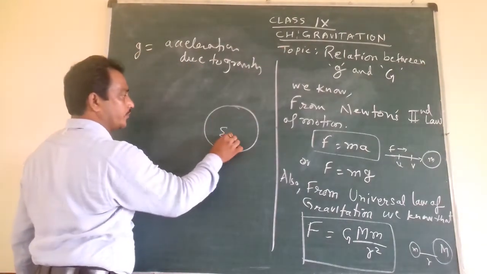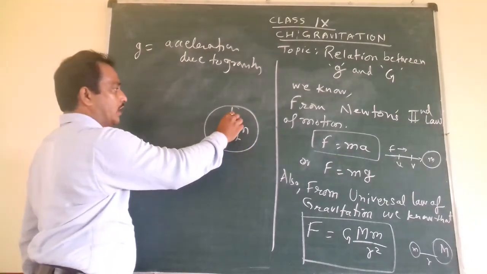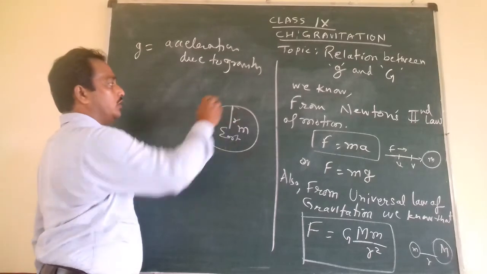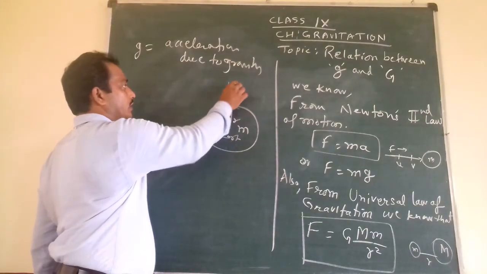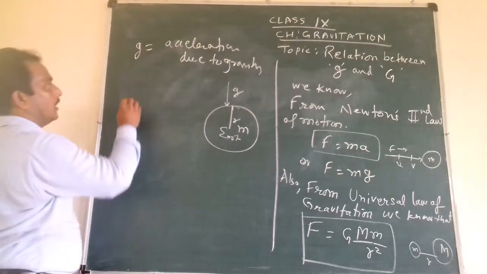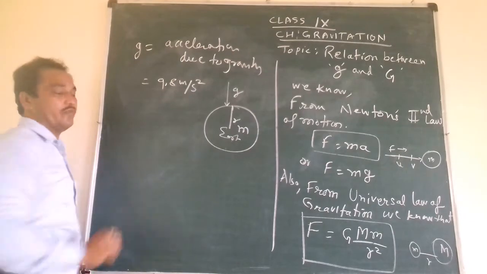Like this is earth, whose mass is M and radius is R. The acceleration due to gravity by which any object is falling towards it is given by small g, and this g is equal to 9.8 meter per second square. You are aware of it.